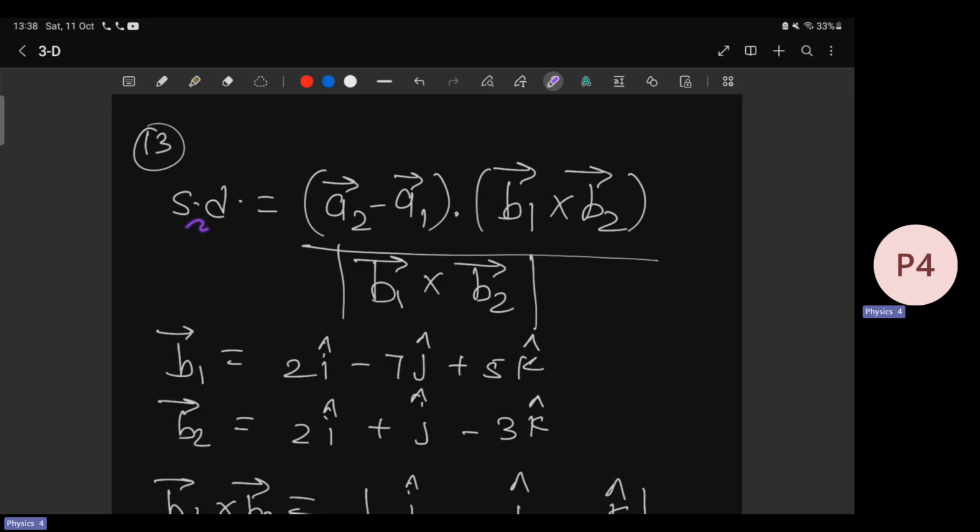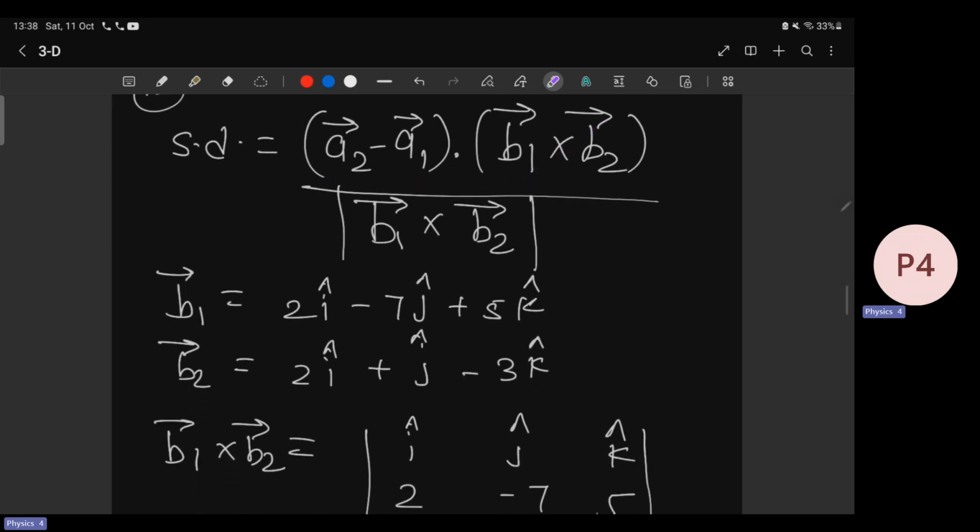So we know that the shortest distance formula is (A2 minus A1) dot (B1 cross B2) upon magnitude of B1 cross B2, right? A1 and A2 are points on the lines and B1 and B2 are the direction vectors of the lines. So we know the B1 vector is 2i minus 7j plus 5k.